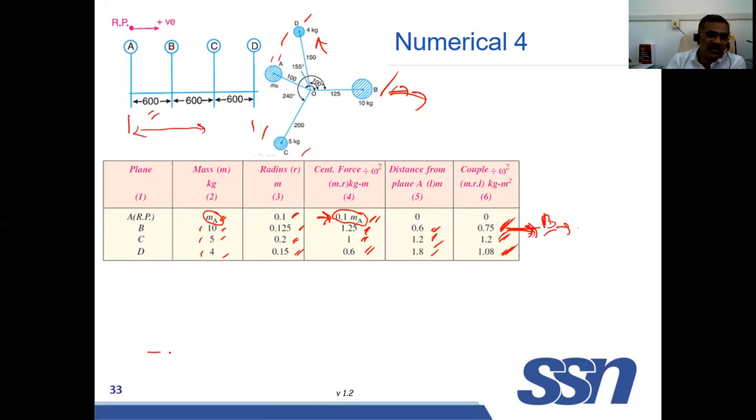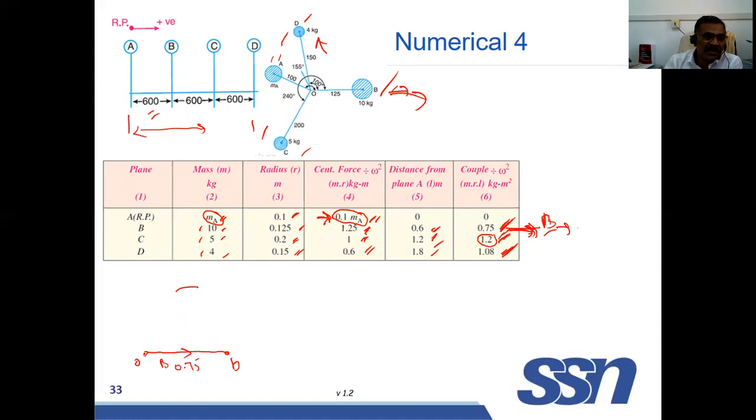You draw this. What is this? This is B. What is the value? 0.75. What's the direction? Horizontal. This is O, this is B. Now 1.2 and 1.98. We don't know the direction, but we know the magnitude. In the compass, you take 1.2 from this point and draw an arc.